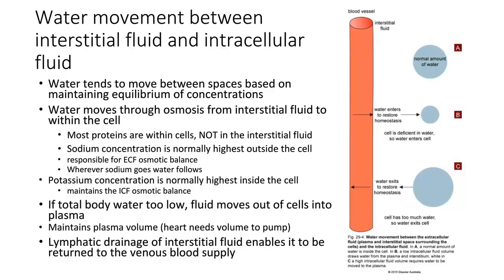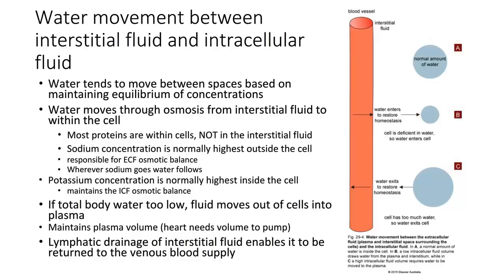And that means that we get a concentration for potassium inside the cell and a concentration for sodium outside the cell that is maintained by the sodium-potassium pump. And of course that can be very important for those cells that have to create a depolarization for things like muscle contraction or for nervous signal message passing.